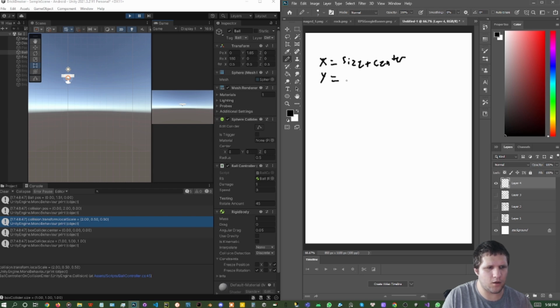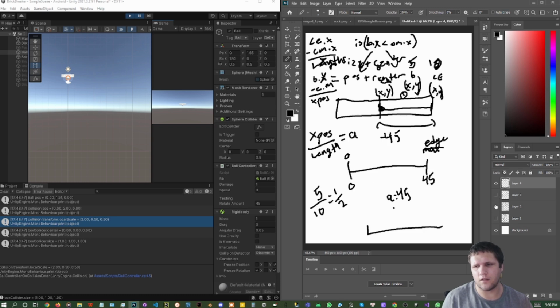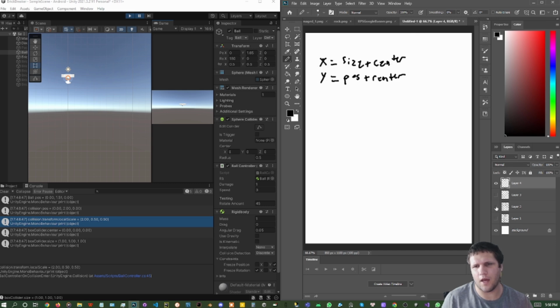Y equals position plus center. And looking at our previous formula, x is now going to be the edge.